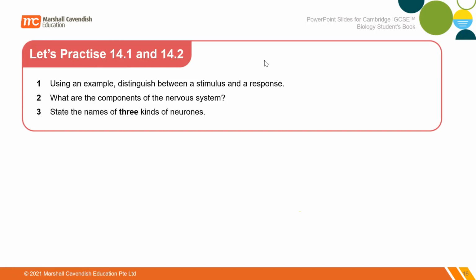Maya, what are the components of the nervous system? The main parts, the components, it means the main parts of the nervous system. The central, the peripheral nervous system, and the central nervous system made up of brain.